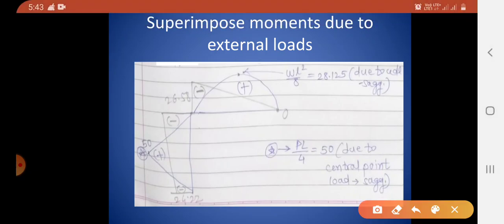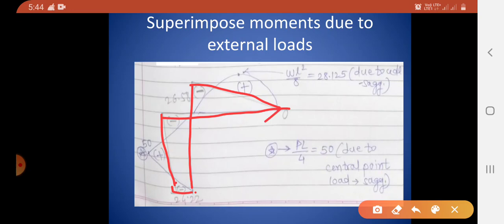So just see here. First we have already drawn the support moments, and now we are going to superimpose on these values the bending moments due to external load. On part BC, UDL was acting, therefore the bending moment diagram due to UDL will be a parabola with the ordinate WL square by 8, and it is sagging, therefore plus.